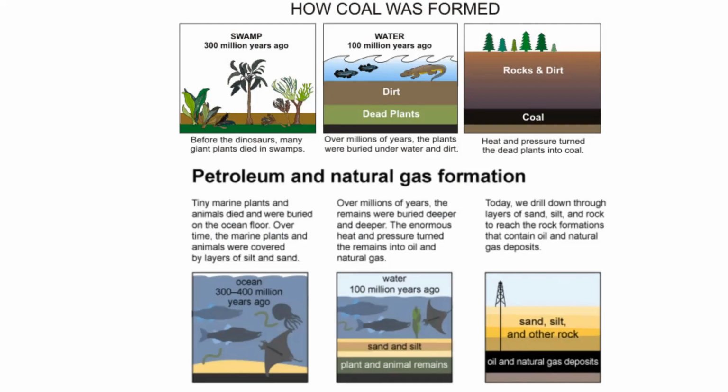But if we're thinking about something like coal, we're eventually just going to see organic matter, so different animals, whatever plants, is going to die, and it's going to get covered with other plants, other animals, water and dirt, and eventually the pressure from that material is going to build and build, and the heat that comes with that is eventually going to compress those organic materials into coal, and we'll see something similar with petroleum and natural gas as well. Slightly different process, but it's mostly coming from the heat and the pressure.